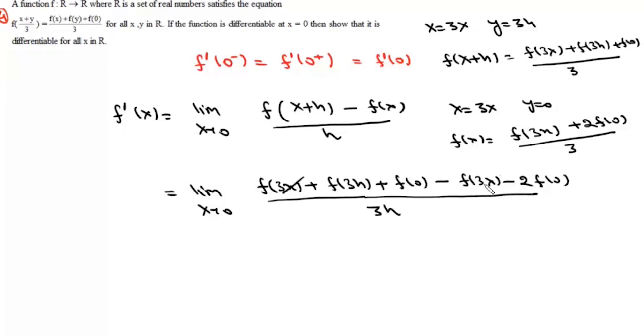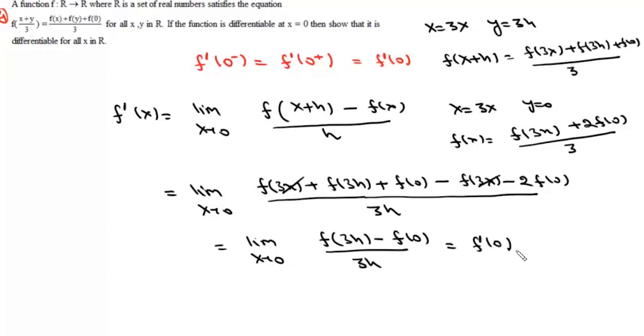Now f(3x) will cancel, so we can write this as this limit h tends to 0 of f(3h) minus f(0) upon 3h, which is nothing but f dash 0, which is some constant, say a. Now this f(x), it is ax plus b.